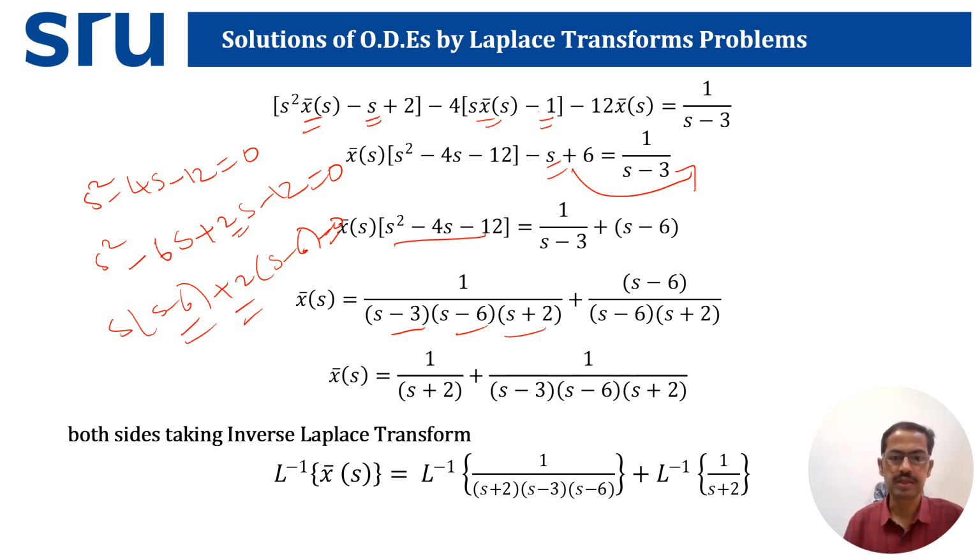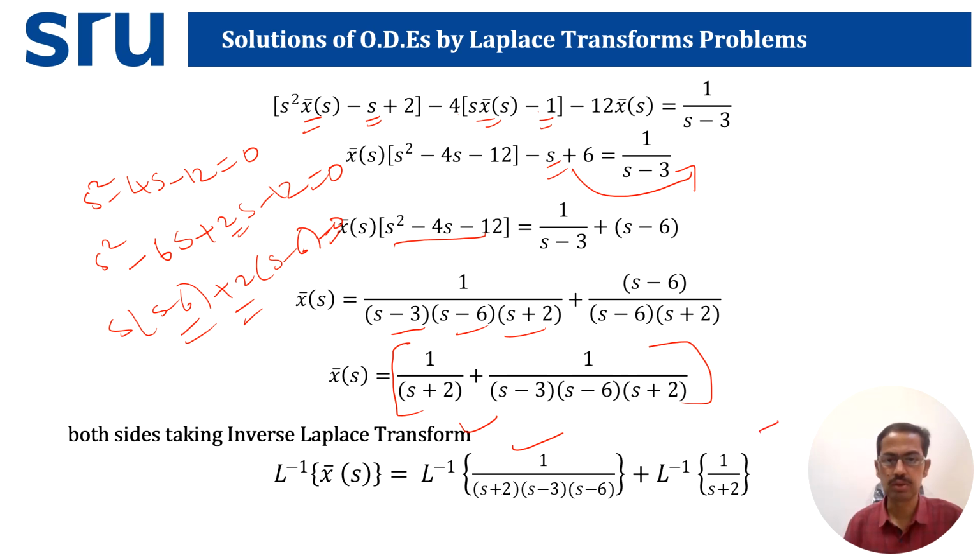Now x bar of s is equal to, sending this to the other side, this is x bar of s. Now take the inverse Laplace transform on both sides. So the inverse Laplace transform of x bar of s and the inverse Laplace transform of this. How do you solve this inverse Laplace transform of 1 by s plus 2, s minus 3, s minus 6 plus this?